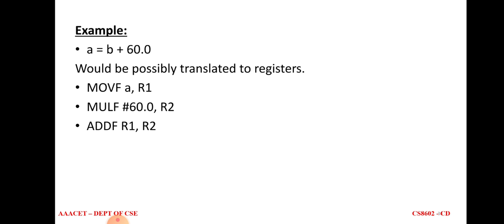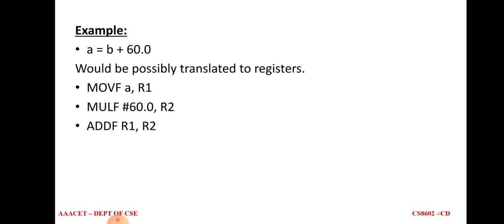Already I said assembly level language is also a low level language. So move F, we use the one letter F, because in the above statement 60.0 is a float value. So for performing a float operation, here we are using F, move F. So first of all, we are going to move the value of A into another register R1, and then perform the multiplication operation 60.0 comma R2.